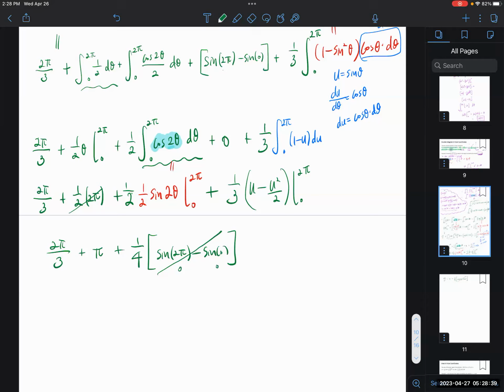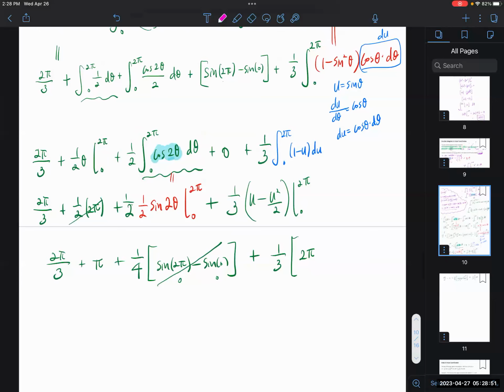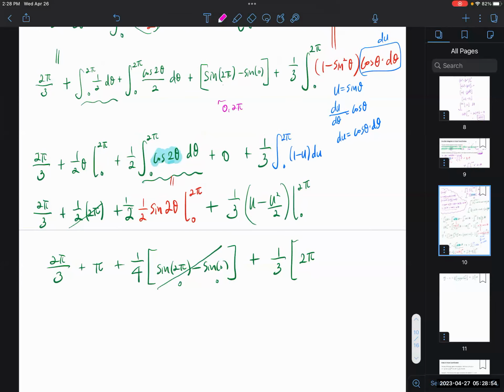That's all 0. And then here, 1 over 3, we have a 2 pi. Oh, actually, I made a little mistake, because the 0 to pi is in terms of theta. We have to convert into the u variable. So sine u, sine 0 is 0.